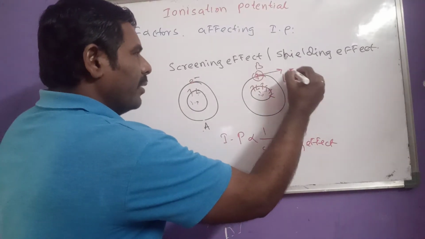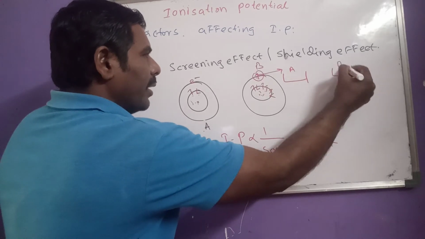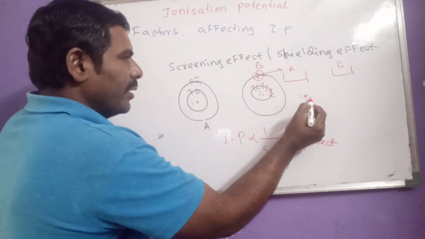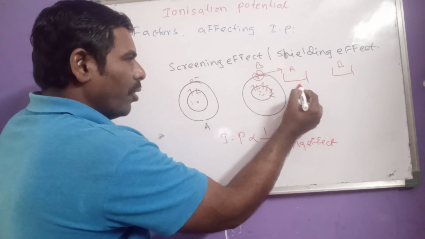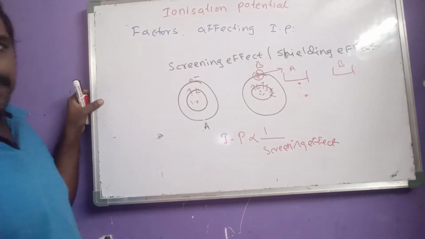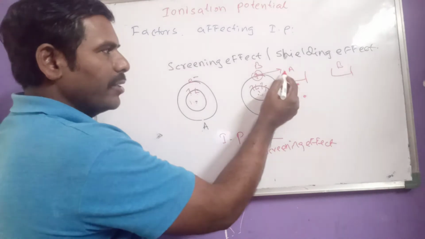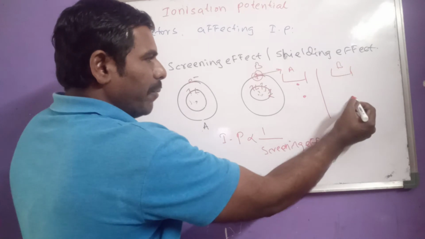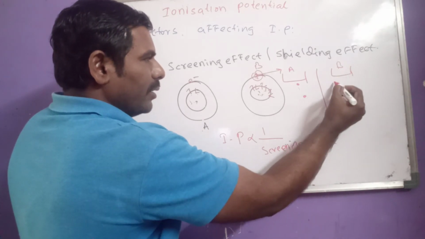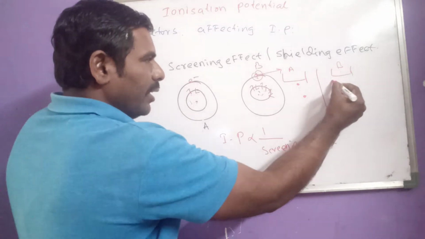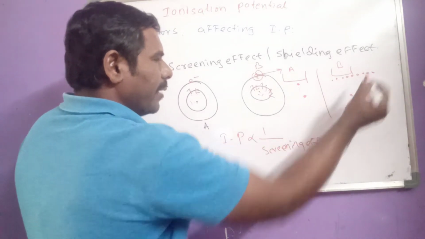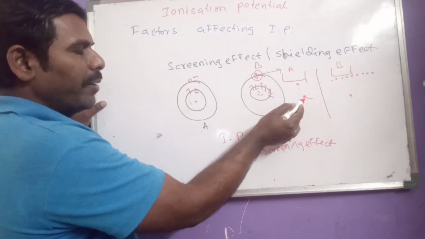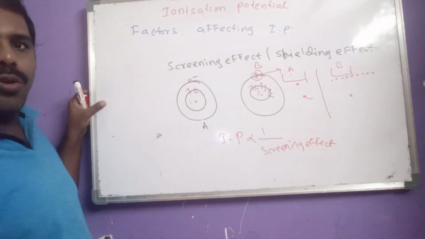Let there be football court A and football court B. In court A, in between the players and the goal post, only one goalkeeper is there. But in court number 2, court B, some 10 members are standing in a line in front of the net. So in the first case, the ball has more probability of reaching the goal post.